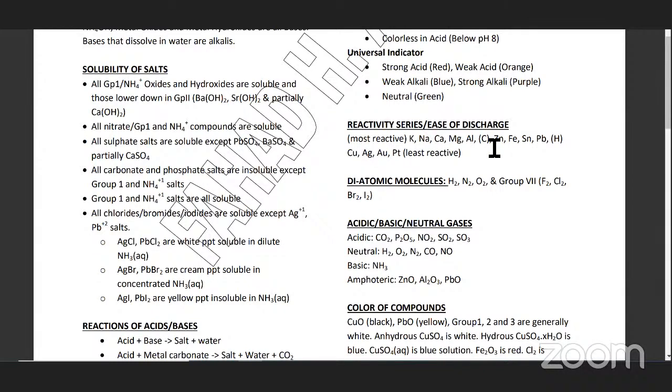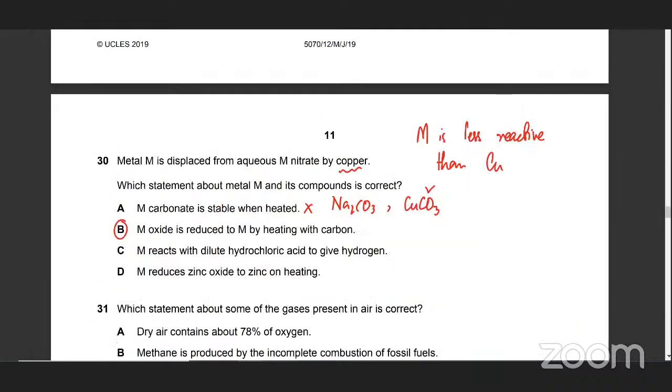Aluminium के नीचे आता है, so it's pretty high in the reactivity series. So the unreactive metal would be reduced. Okay, if I have carbon and a metal oxide of M, carbon is more reactive, so carbon is going to take away the oxygen, और M अकेला रह जाएगा. ठीक है, so it's going to be B.